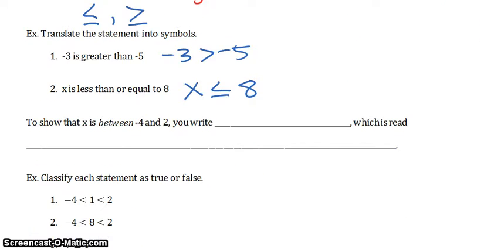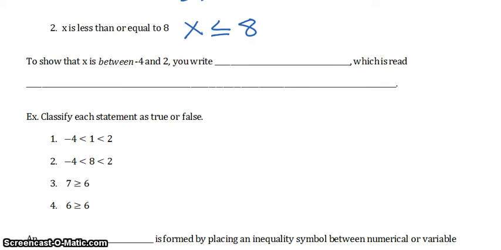Now, to show that x is between -4 and 2, you write -4 < x < 2. Okay, these signs are going to be facing the same way, and typically we put the lowest number first, the highest number second, put your variable in the middle, and they both have to be less than. We're not going to have two signs facing opposite ways.